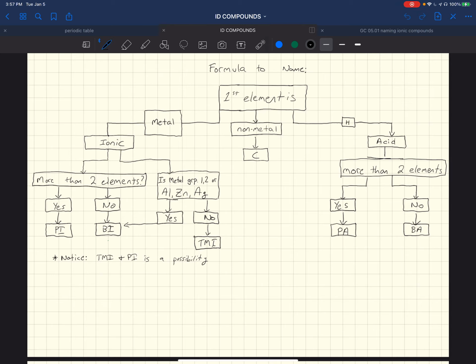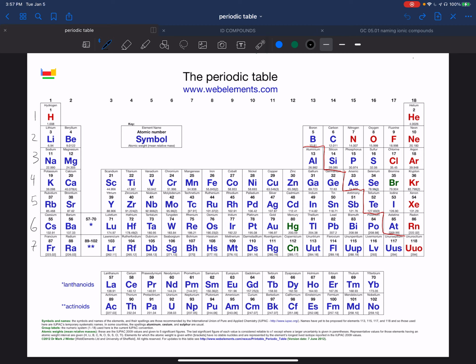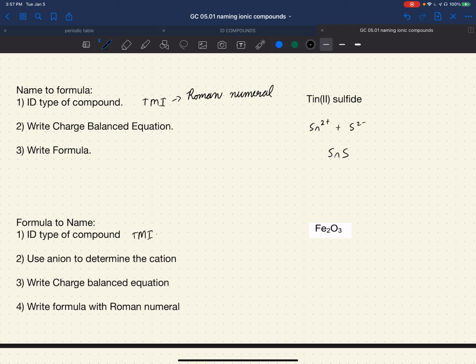No, it's binary. However, is the metal group 1, 2, or aluminum, zinc, and silver? Well, in this case, this one is not in groups 1 or 2, or aluminum, zinc, and silver. Remember I said groups 1, groups 2, so the S block, or aluminum, zinc, and silver. Iron's over here. It's not any of those, which means that we are going to name this as a TMI.